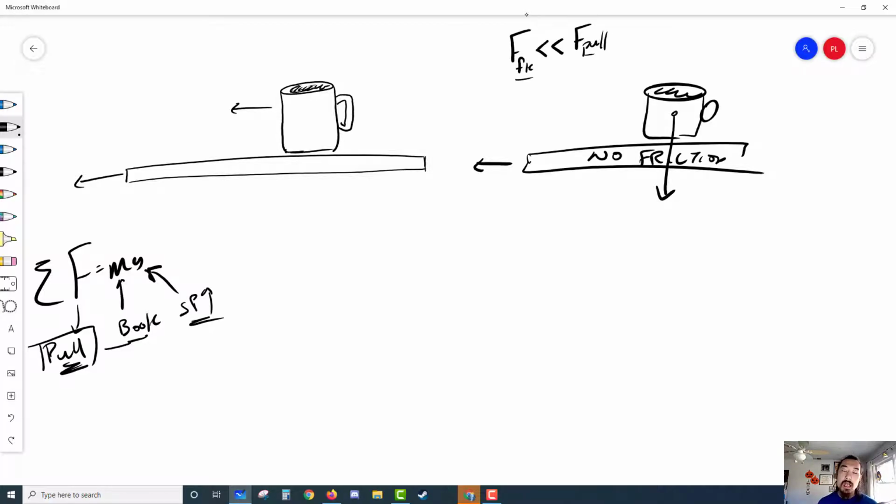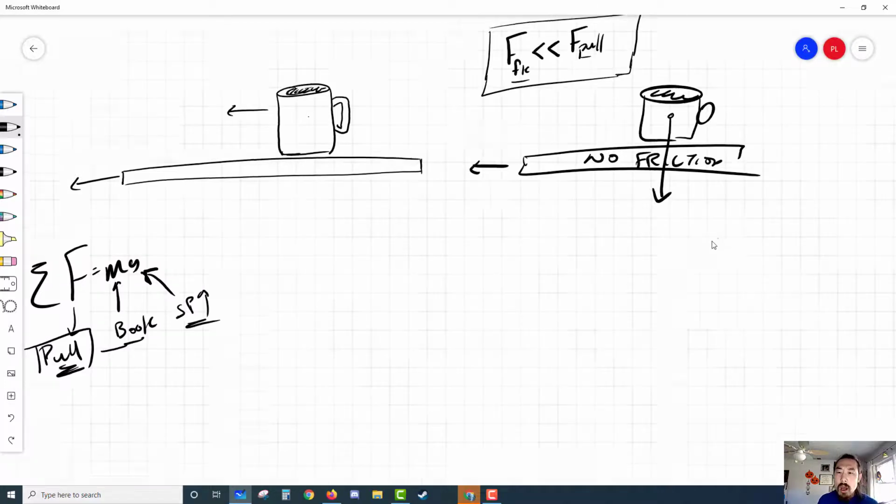And so in this case, the force of friction can't drag the coffee mug along with the book, and so the coffee mug will just fall down, much like in a world without friction. So if you did that demo that I showed you in the demo video, that's the reason why, when you exert a force on the object and you pull on it super quick, it falls down, because the force of friction isn't big enough.